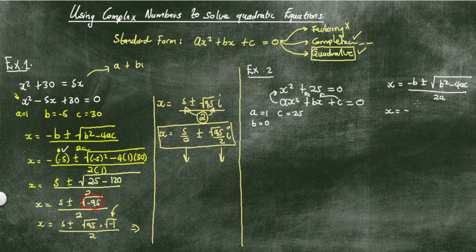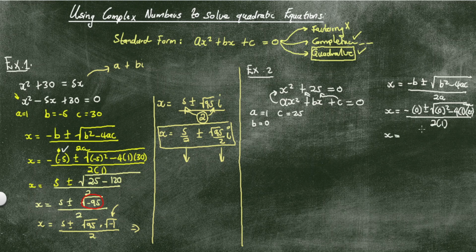X is equal to minus b, which is 0, plus or minus the square root of b squared, which is also 0, minus 4 times a, which is 1, times c, which is 25, over 2 times 1, which is 2.